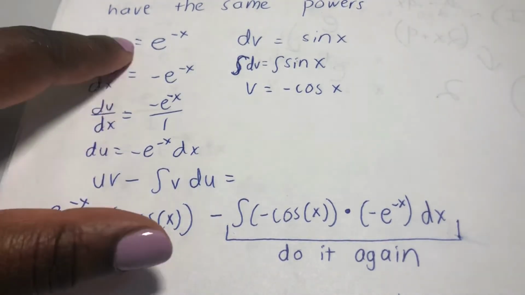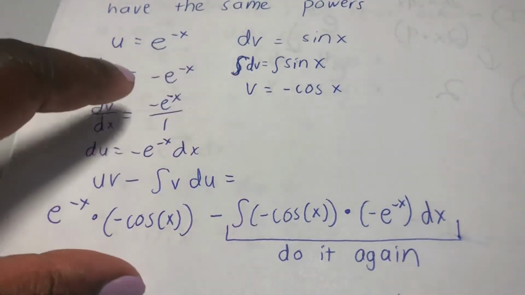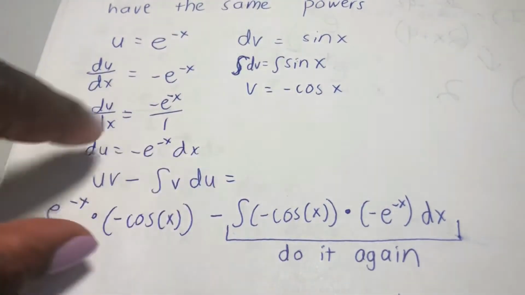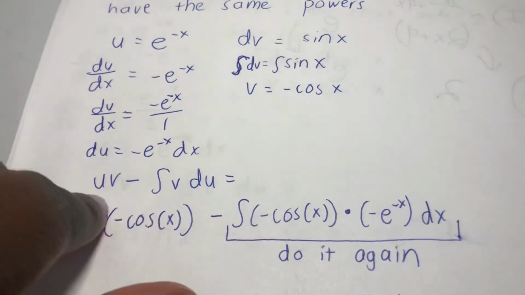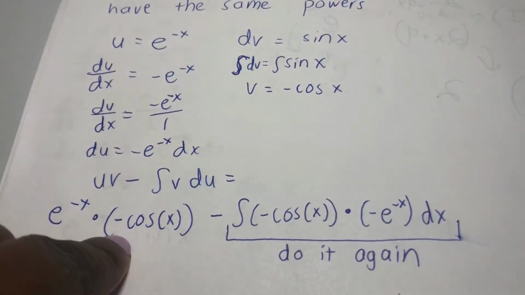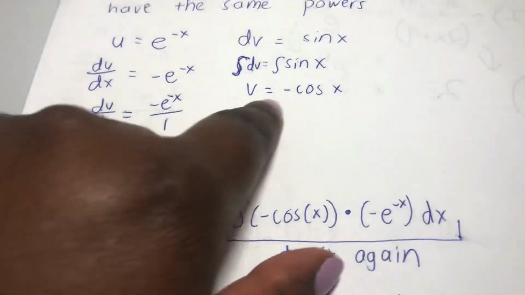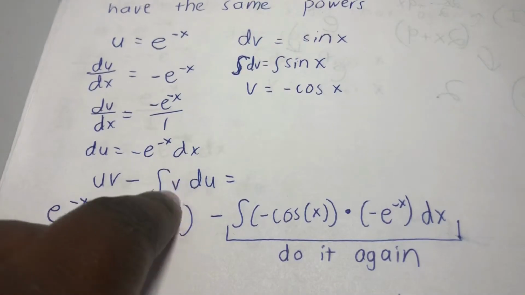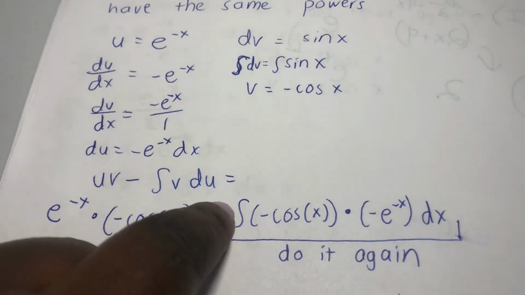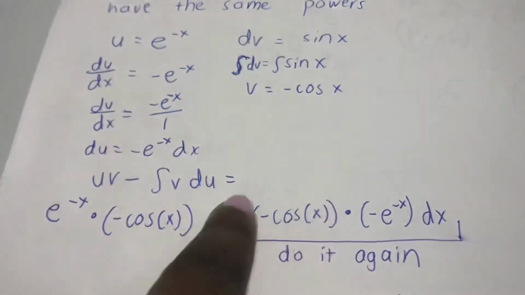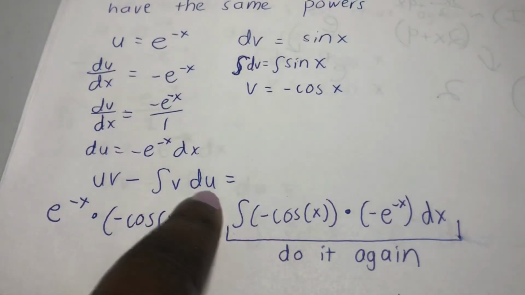And so since we have our u, we have our v, then we have our du. We can apply this equation now. So u, which is e to the negative x, times negative cosine x, which is our v, is equal to, not equal to, minus the integral of v, which is negative cosine x, times du.